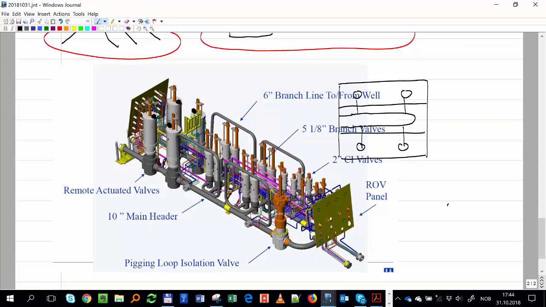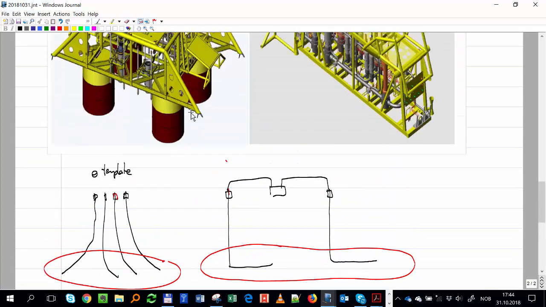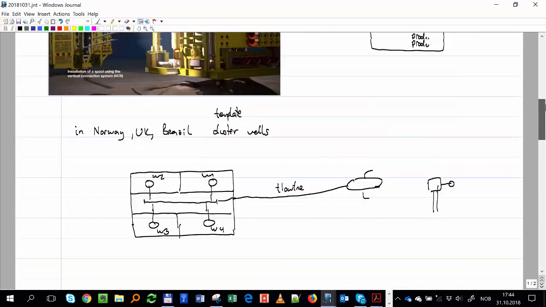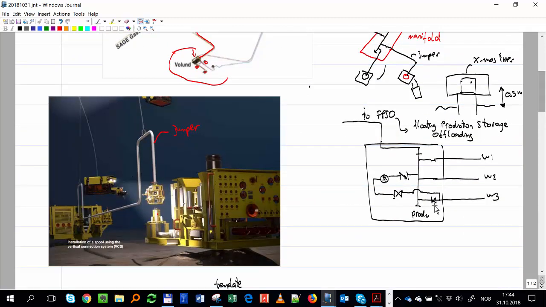And here, what do we have? You see that the line comes from the well, and then you have two valves. What are these two valves? These are the routing valves, right? If we look back at our drawing, we see that we need two valves, one here and one here.